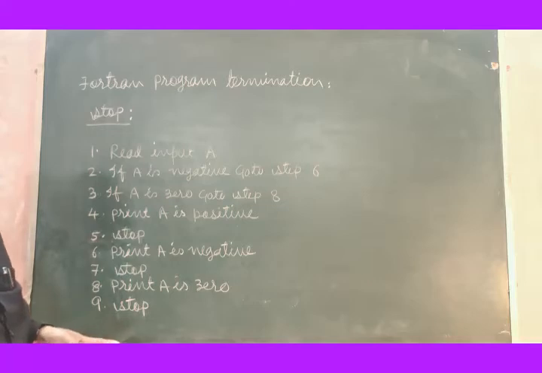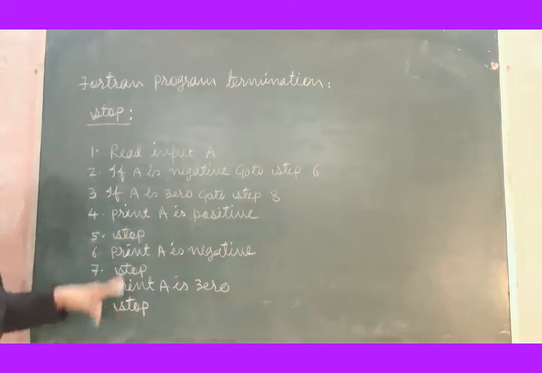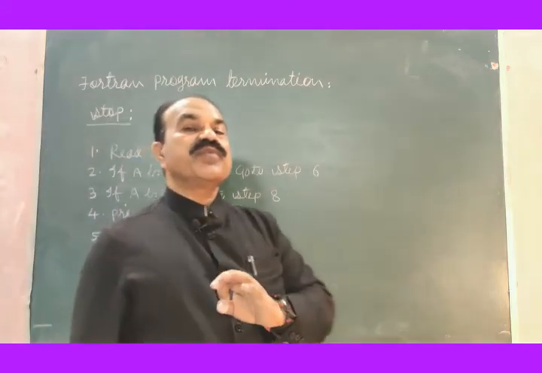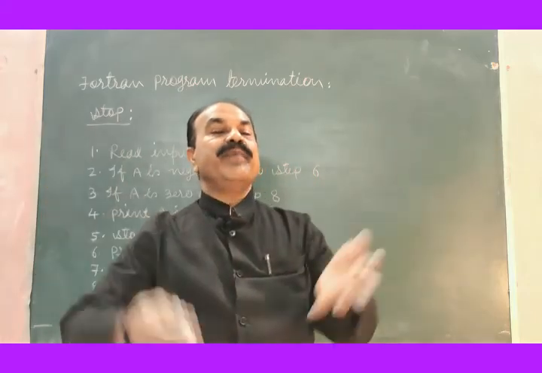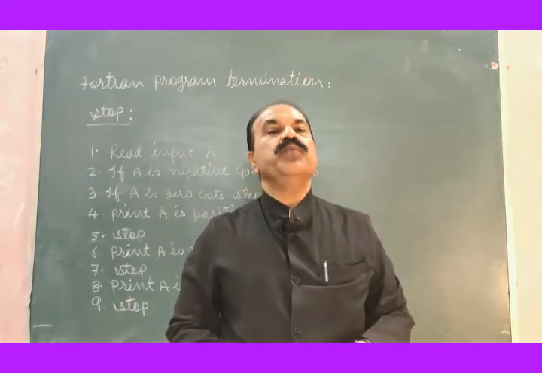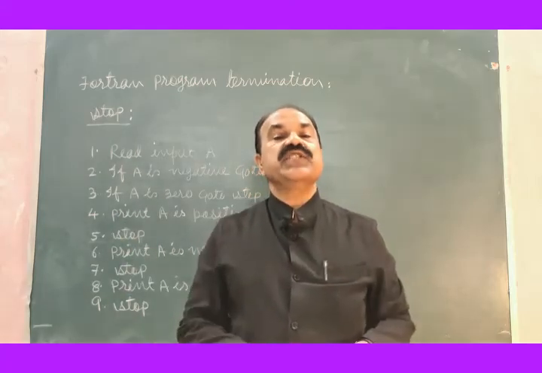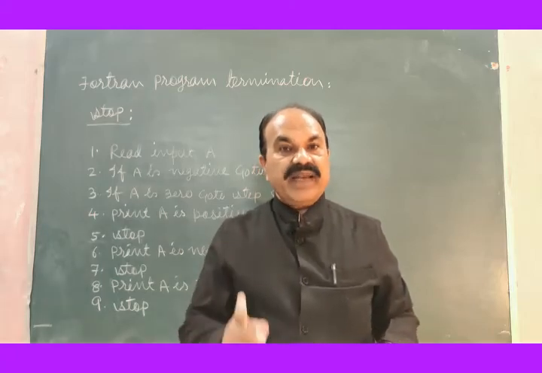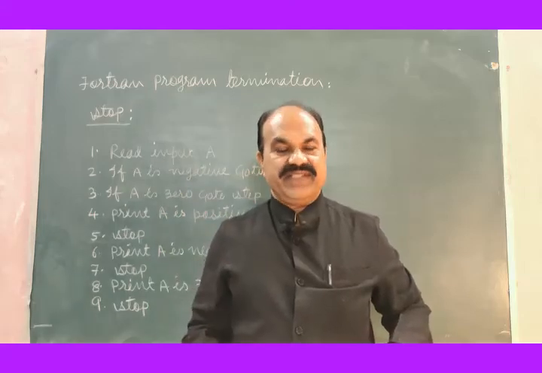This way, we can use the stop statement many times anywhere in the program. So, the use of the stop statement is decided by the type of tasks we are going to perform using the program, and therefore the stop statement may come only at one place, or it may come at many places.